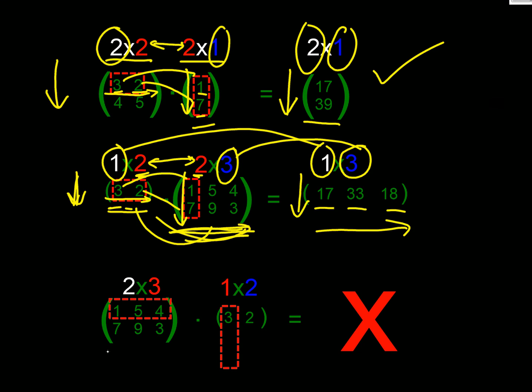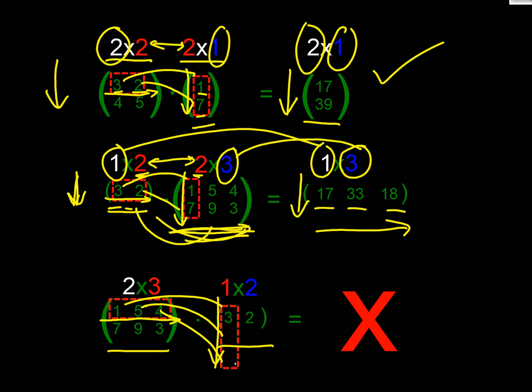Let's have a look at one that doesn't work. If I took a 2 by 3 matrix and tried to multiply it by this 1 by 2 vector, this isn't going to work, because I've got 3 coefficients here and I'm trying to find 3 values in my column to multiply them by, aren't I? Because I'd have to have a 1 by 3 and a 5 by something and a 4 by something.